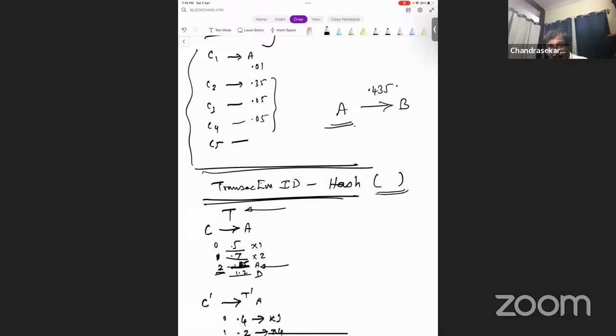So the transaction ID will be given, and after giving that transaction ID, which output corresponds to A, that also A will specify, and this information is available in public.